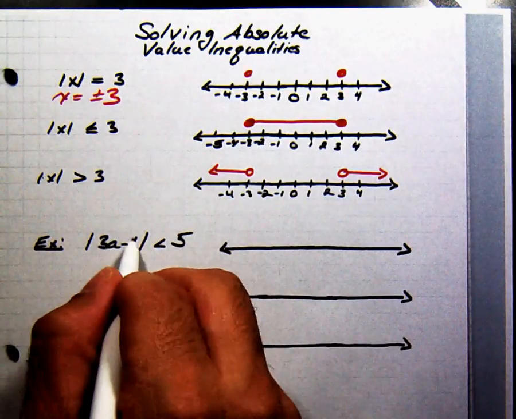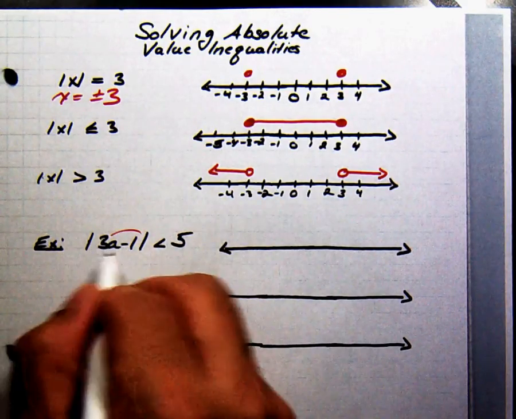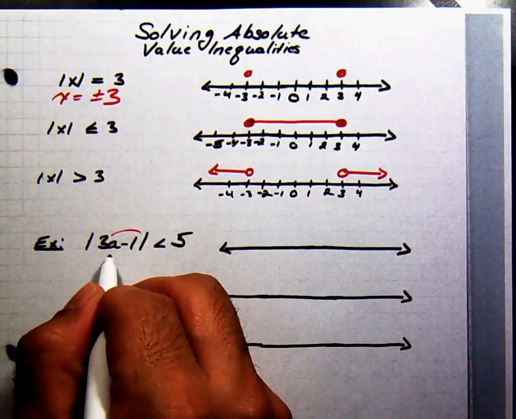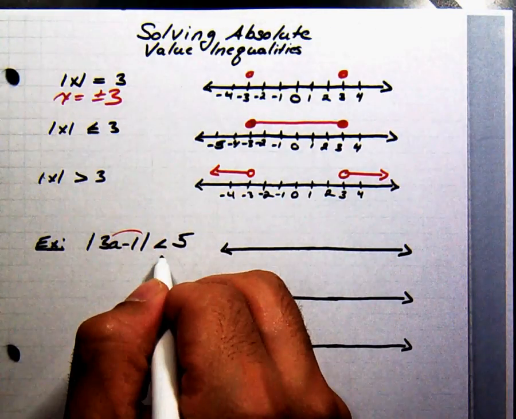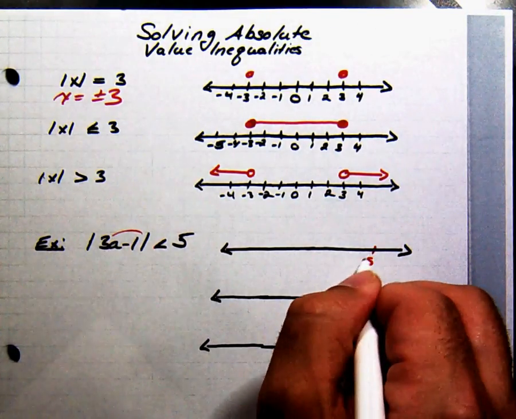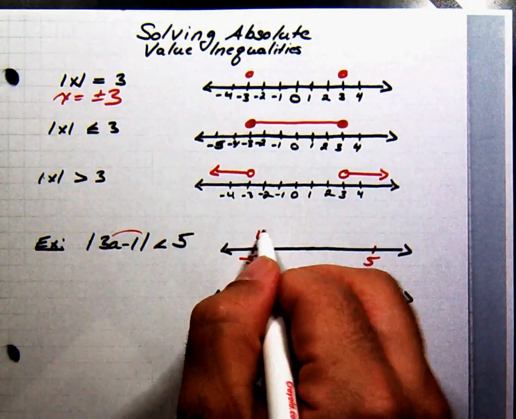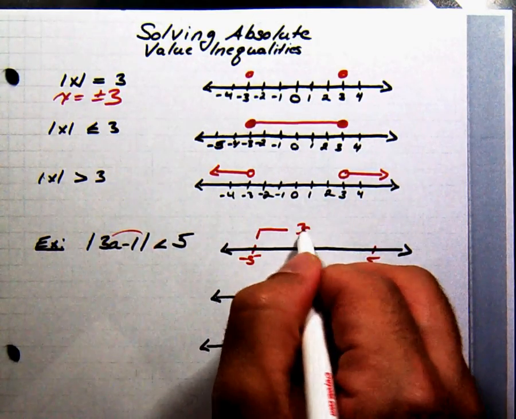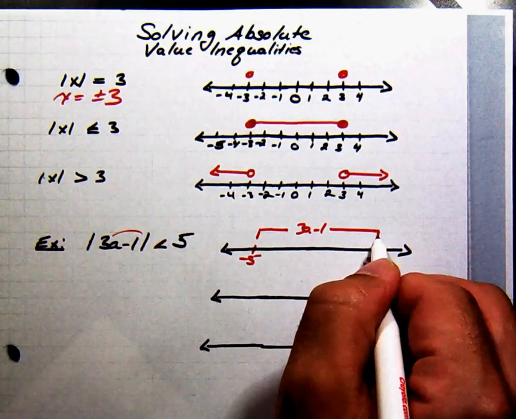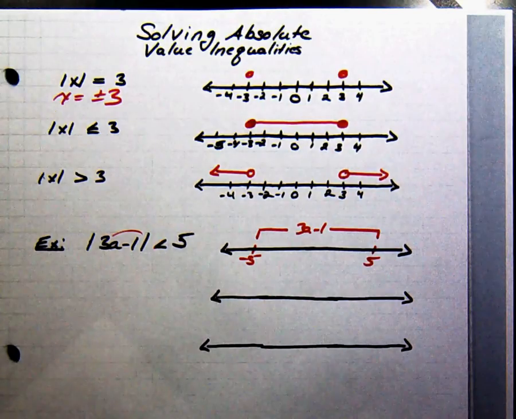So this says this quantity, which is represented by 3a minus 1, has a distance away from 0 less than 5. So we're going to put 5 and negative 5 on a number line, and we're going to stick 3a minus 1 as the quantity whose distance is in between the two.